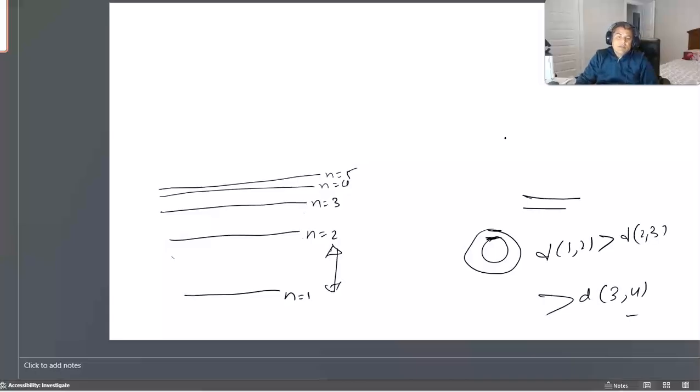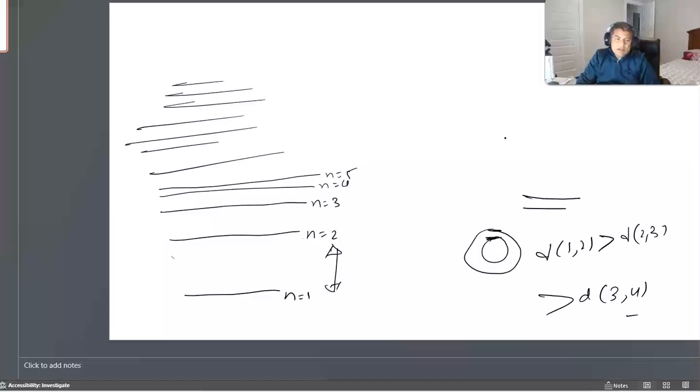So if the electron jumps from any level to the ground state, it will radiate ultraviolet light.